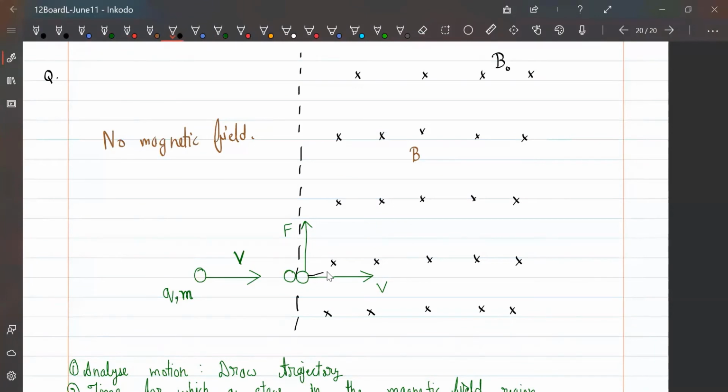So it will try to go in a circular motion, but it can't make a full circle. So it will just be ejected from here. It will only make a half circle. So this will be the trajectory. It will be a semicircle.